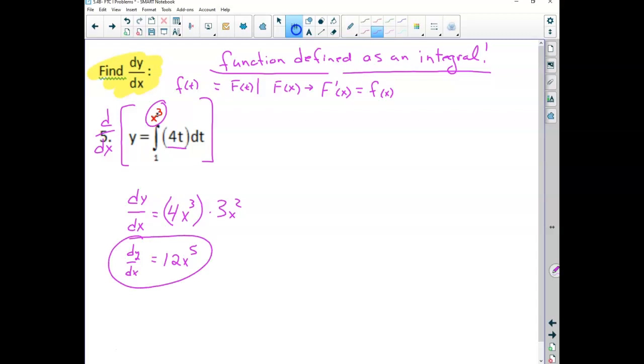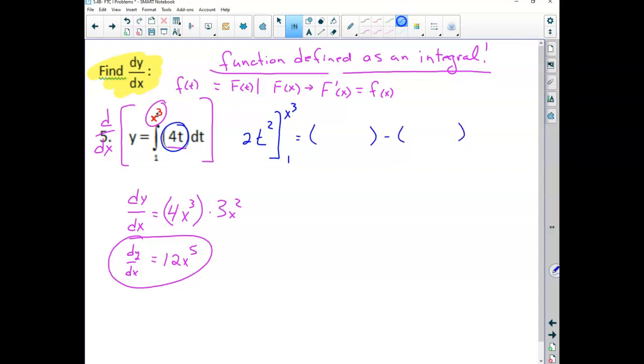Well, I'm going to do it another time. What is the antiderivative of that guy? Well, that's going to be 2t squared, evaluated from x cubed to 1, right? So that's going to equal this guy minus this guy.